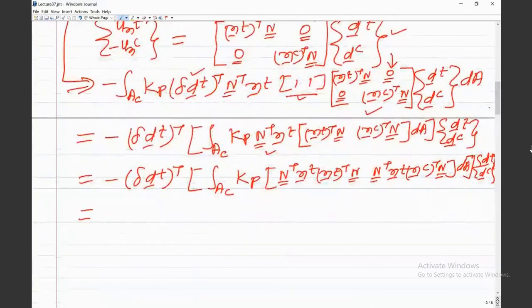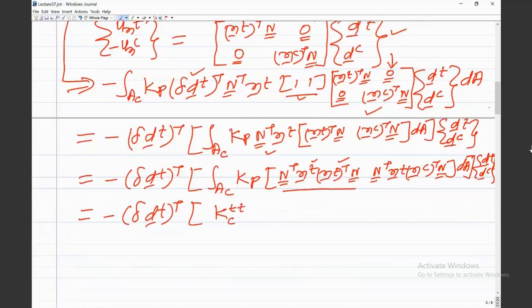So these are the contact stiffness matrices coming from the penalty term. So we can write this as delta of dt transpose, and the first matrix, that is kp into this integration over AC. We can say that this is involving both normal to the target, as you see. So we can say that's the contact stiffness of the target interaction.